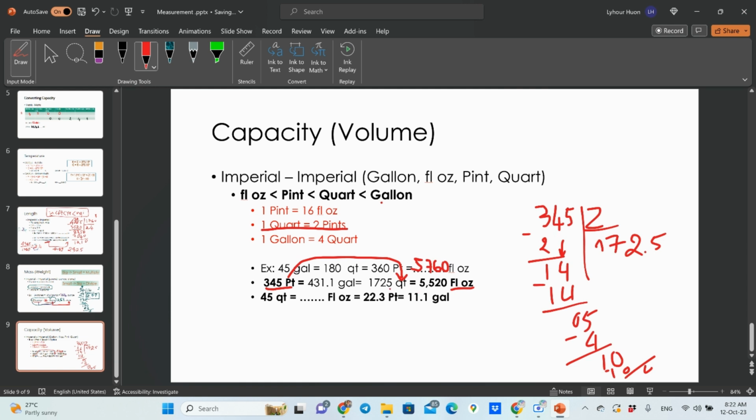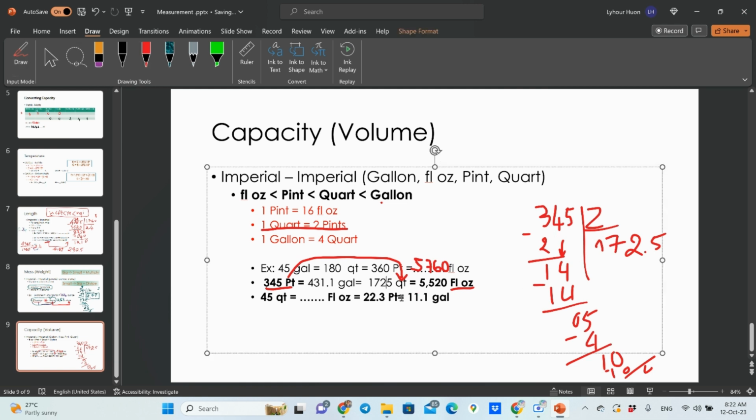But where is the decimal? Did you write the decimal? It looks like it's near the 5, but it looks like no decimal.